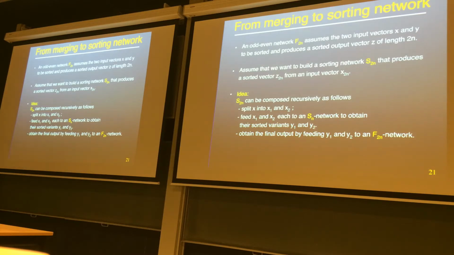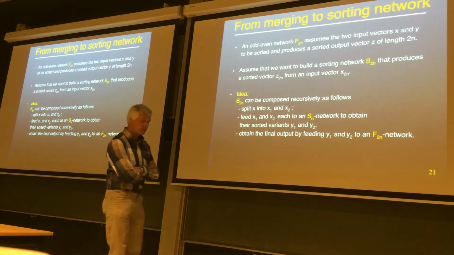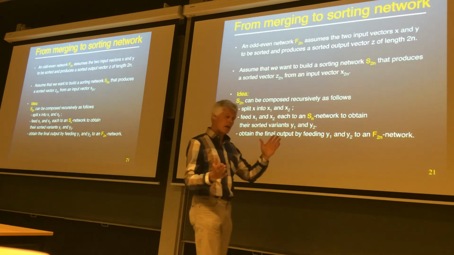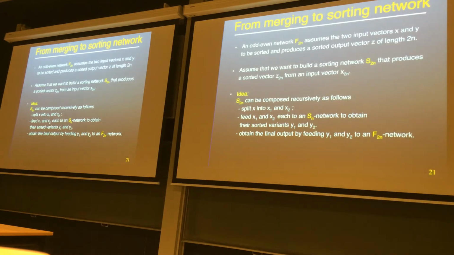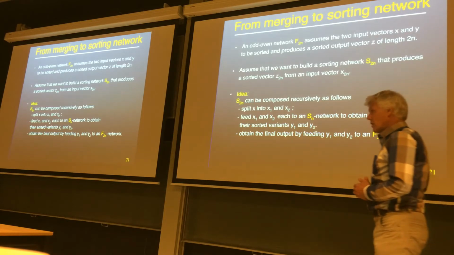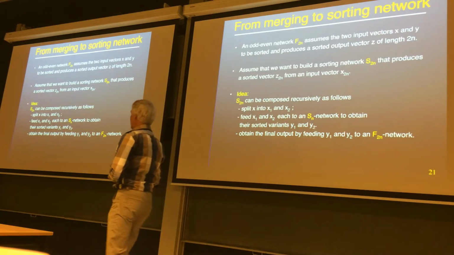We have constructed a merging network. That means we had to assume that the input vectors are already sorted. And from the fact that they are already sorted, we could make a merging network that produces a completely sorted vector. But how would you use this fact in order to construct a sorting network out of the merging network?